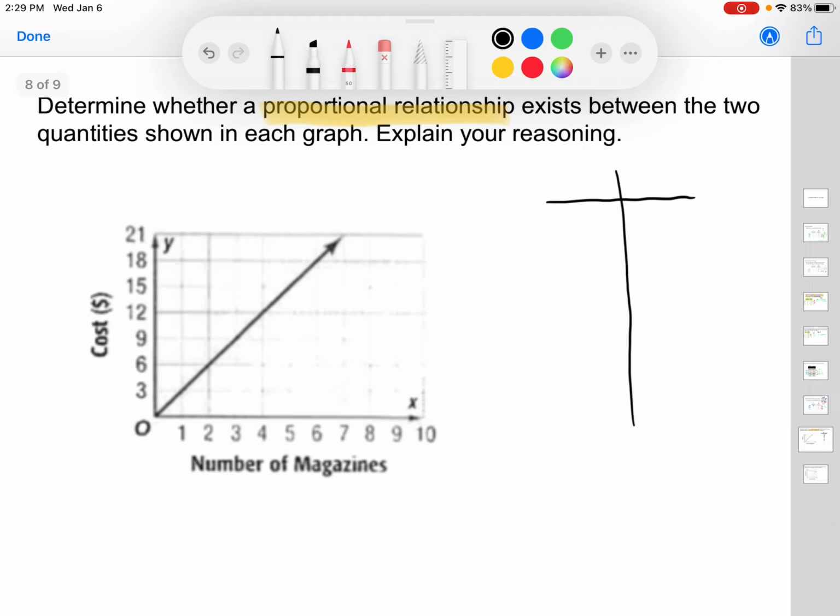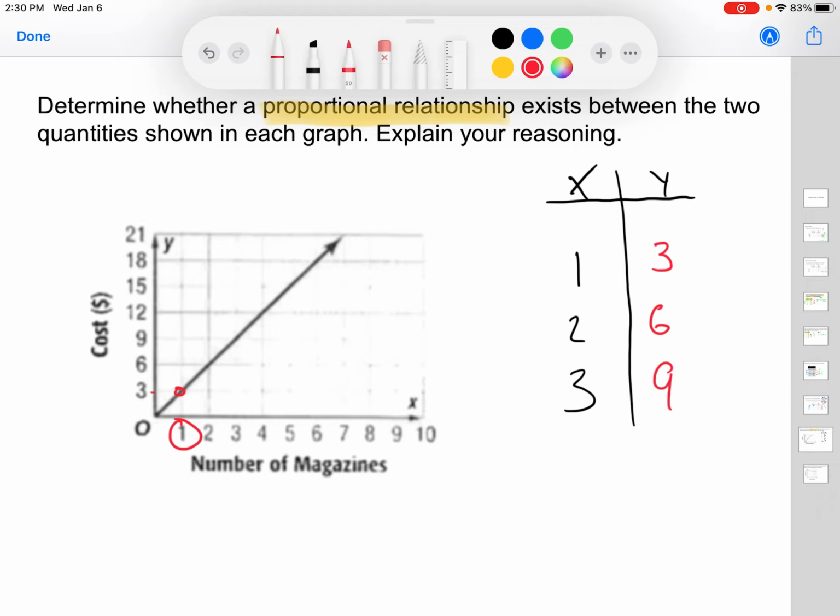So if I made just a quick table with my x's on the left, y's on the right, I'm going to put in 1, 2, 3, and my corresponding y values. So at x equals 1, my y value is 3. At 2, it's 6. At 3, it's 9.